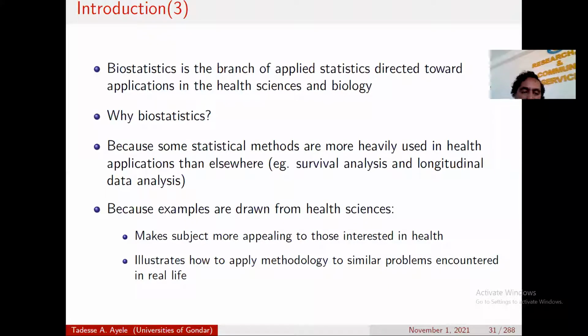Because examples are drawn from health science, it makes the subject more appealing to those interested in health. It illustrates how to apply methodology to similar problems encountered in real life. That's why the field of biostatistics is implemented in biology, medical fields, and health-related fields.